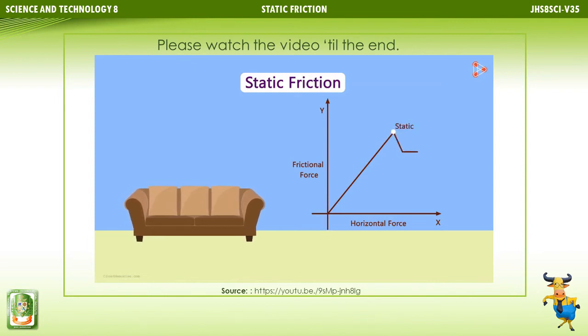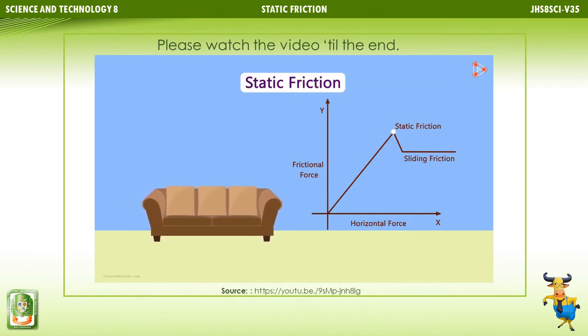And that's where the static friction ends and the sliding friction begins. The sliding friction is more or less constant if you notice. This part of the graph is static friction. It's when the sofa is not moving in spite of the force you're applying. And this part of the graph is sliding or kinetic friction when the sofa begins to move. The point around which the sofa just begins the movement is called the breakaway point.